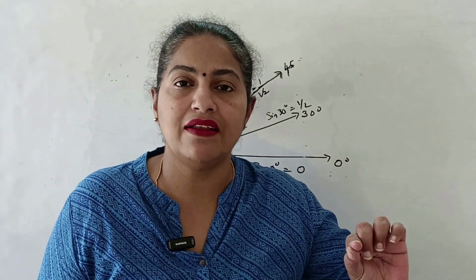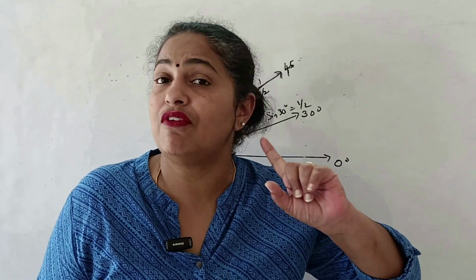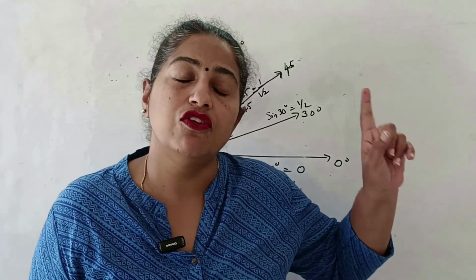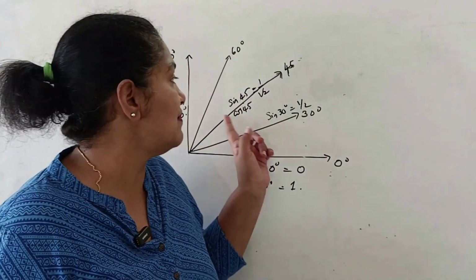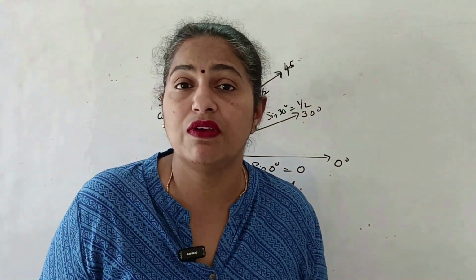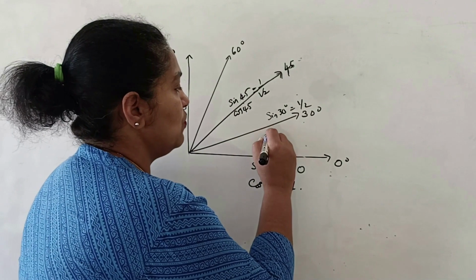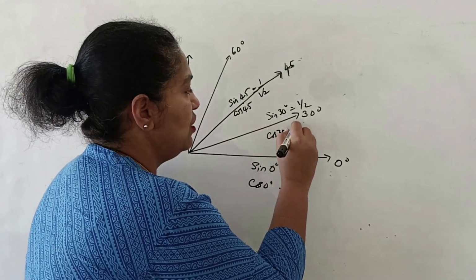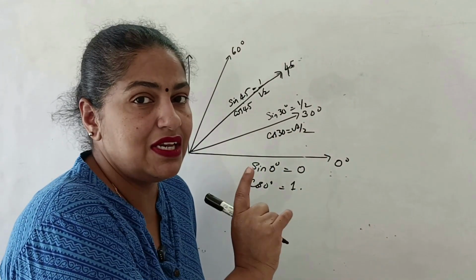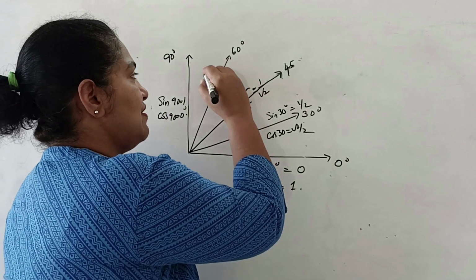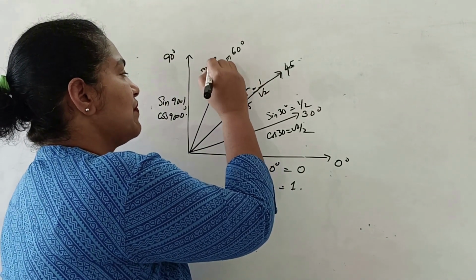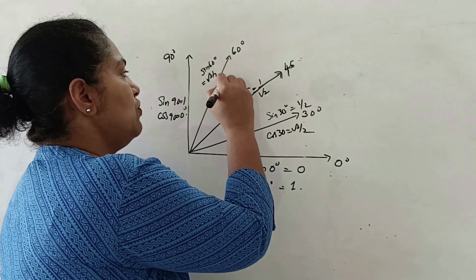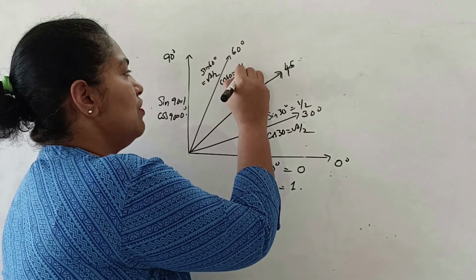You know 30 and 60 alternate between 1 by 2 and root 3 by 2. So sine 30 being less than sine 45, it has to be 1 by 2. It cannot be root 3 by 2. So if sine 30 is 1 by 2, cos 30 has to be root 3 by 2. For 60 degree, it interchanges. Sine 60 becomes root 3 by 2 and cos 60 becomes 1 by 2.